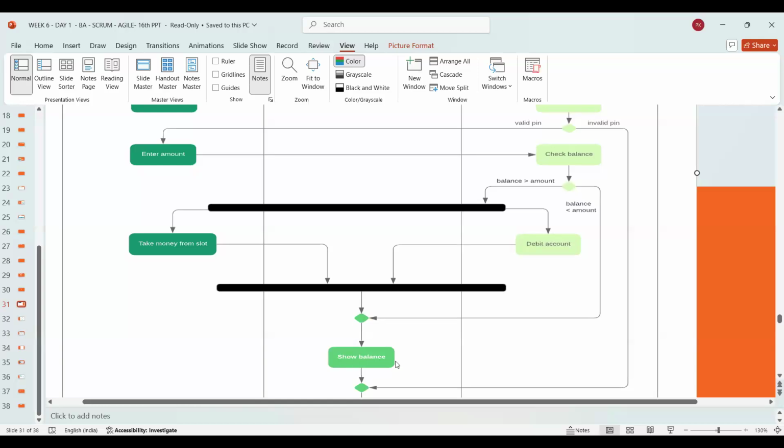You come to this stage and you can see your balance, just to know how much you have. In that scenario, you can't take out the cash. But if you have a decent balance, the money comes here.